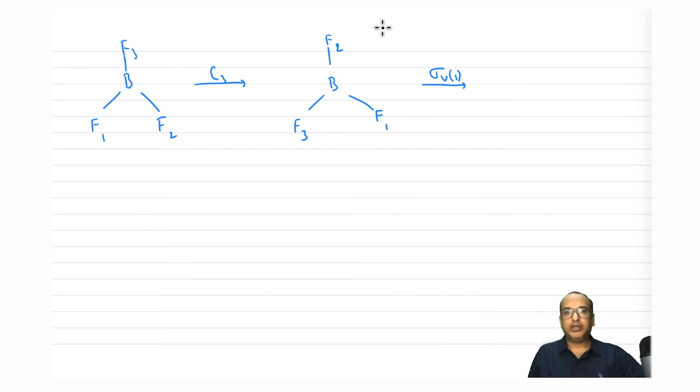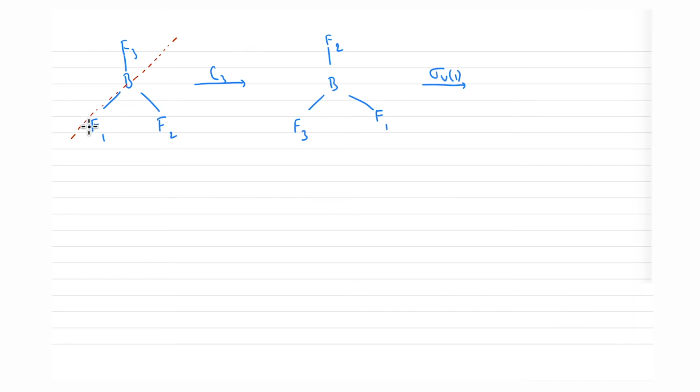So sigma V1 will be this plane, the plane which is passing through BF1 in the original molecule, not in the transformed molecule. So the location of this sigma V1 will be with respect to when we started with the molecule, not where we ended after doing the C3 operation.